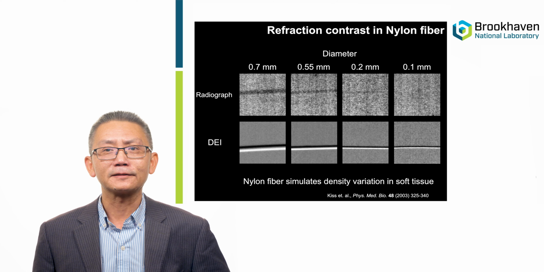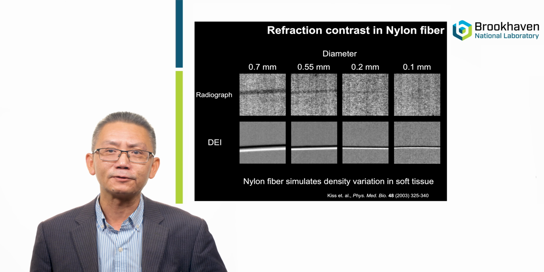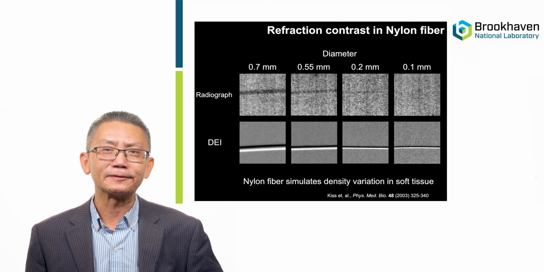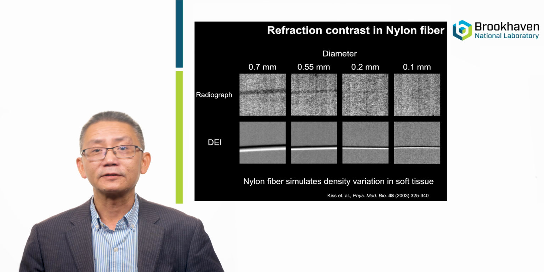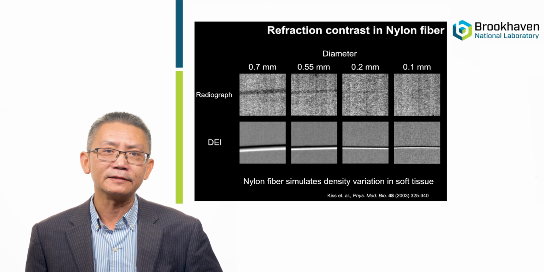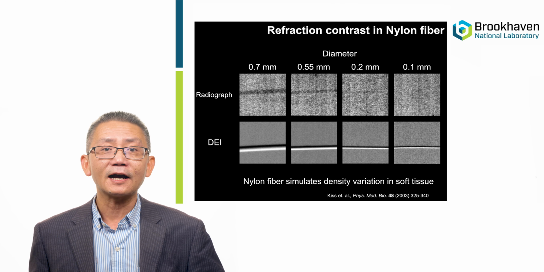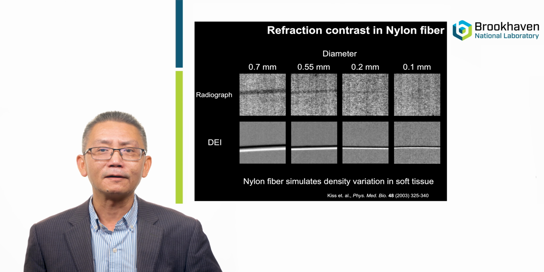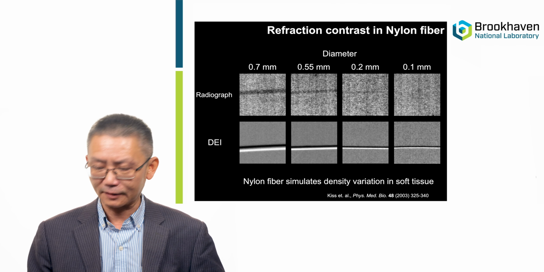So you see less. Eventually, conventional X-rays just give up at 0.1, 0.2 millimeter. You just don't see them anymore. Of course, even smaller features, you just don't see them. With diffraction-enhanced imaging, you see every single fiber clearly with the same clarity.